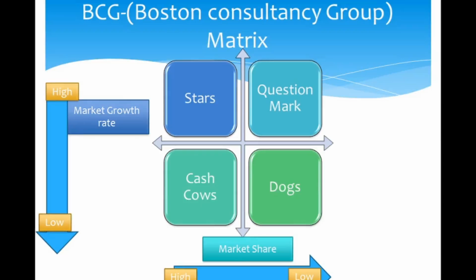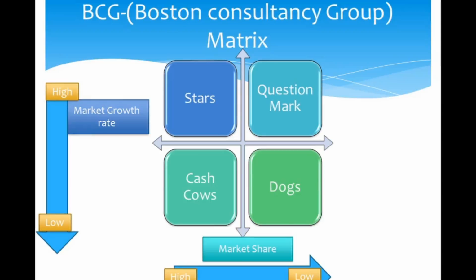When you and your competitor are manufacturing the same product, why out of 100, 90 people are going to your competitor? Why are they not coming and preferring your product? Where is your product falling short? What are the things that you need to address? If these questions are not addressed, then what will you become? You will become a dog, because you will lose the market share, you will lose everything.